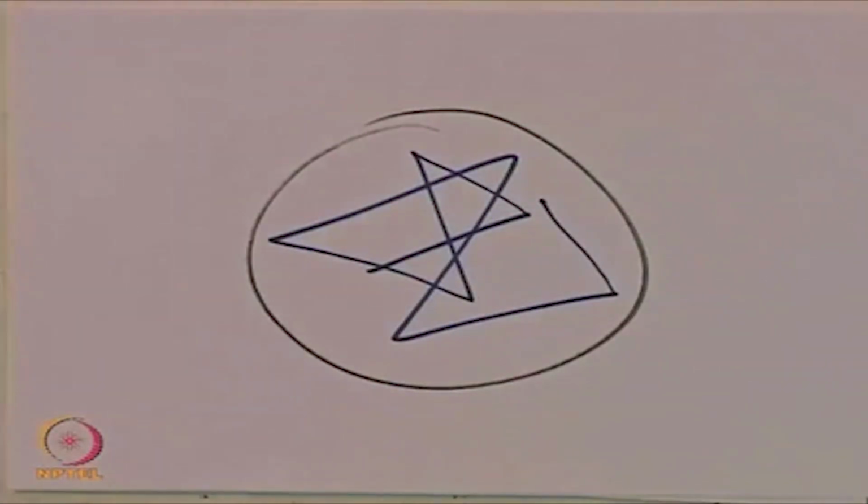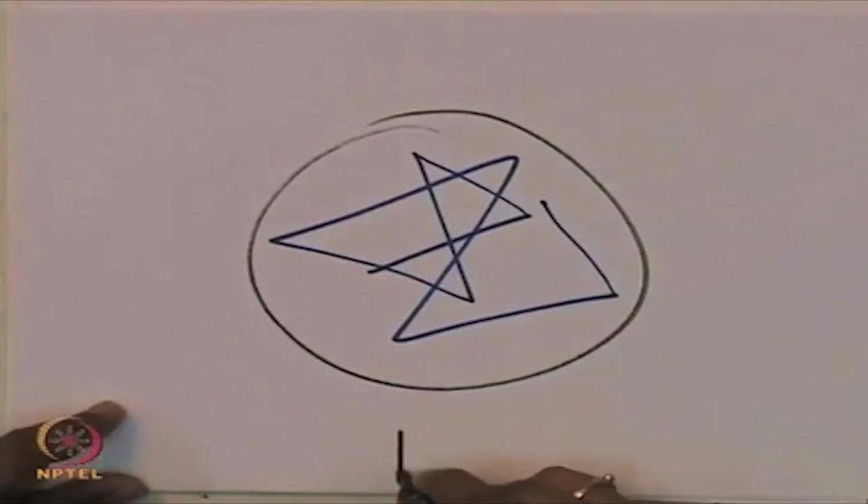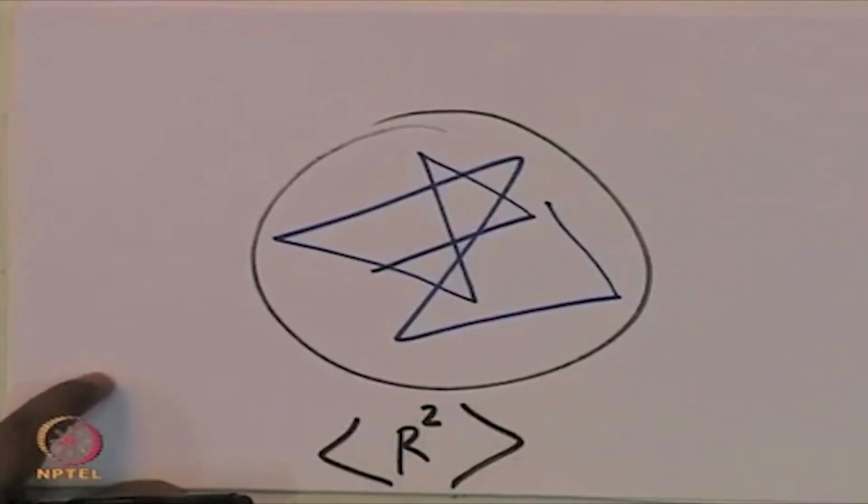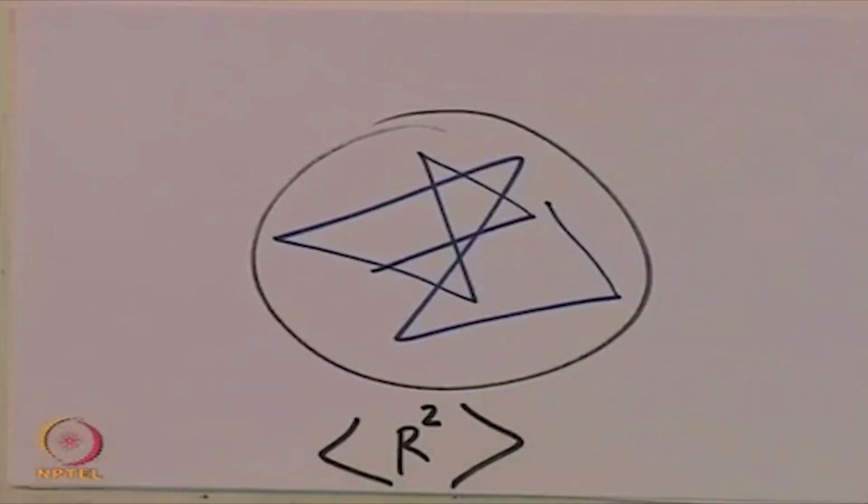So, the next quantity that is sensible is to calculate R square average. We saw that whenever R average is 0, we can always calculate R square average and calculate the root mean square end to end distance.